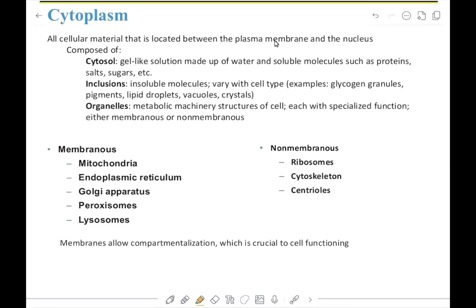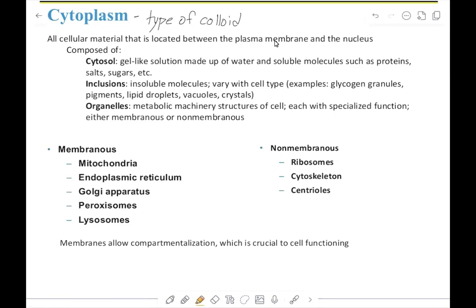Remember, the first thing is cytoplasm, and cytoplasm is made of two major things. It's made up of a liquid and organelles. In chapter 2, you learned that it is a type of colloid, so that when light is shone through cytoplasm, it's going to scatter light.